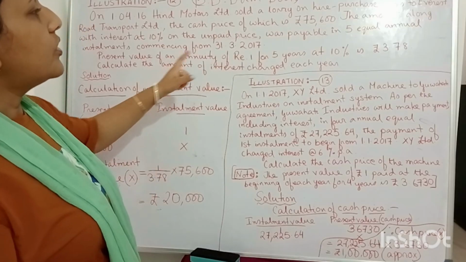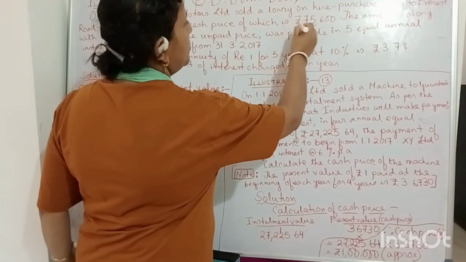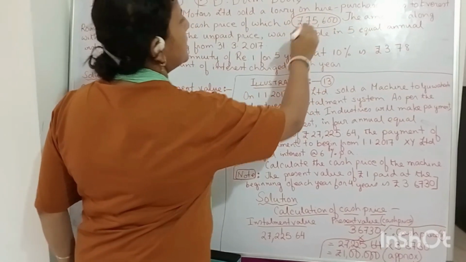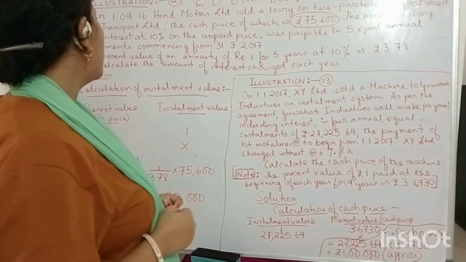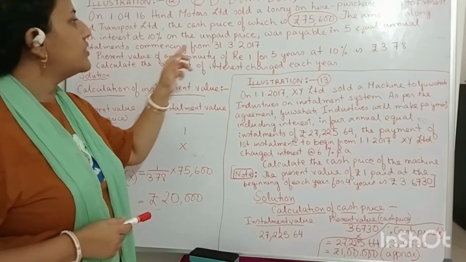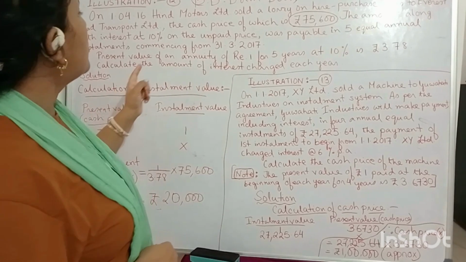The cash price of which is rupees 75,600. So the cash price of the asset is given, it is 75,600.